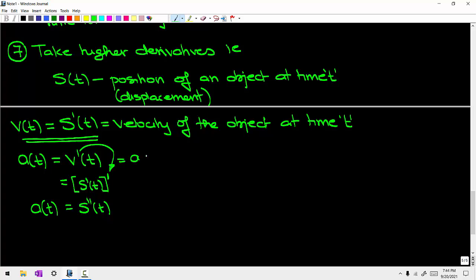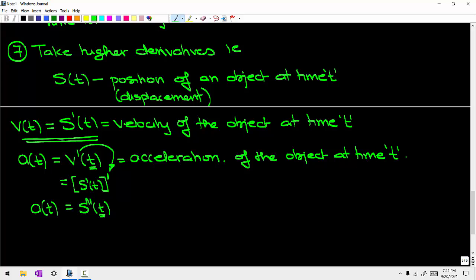So this is acceleration of the object at time t. So we can take higher derivatives. Does that make sense? It just gives you the rate of change of the previous variable with respect to whatever variable you're working with. In this case, we are working with time.